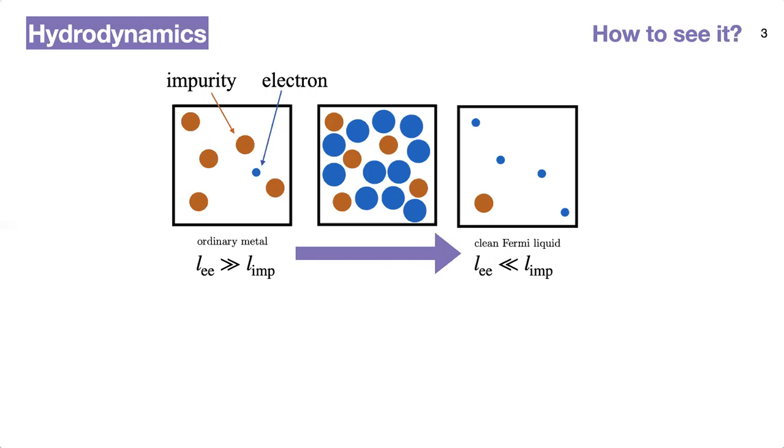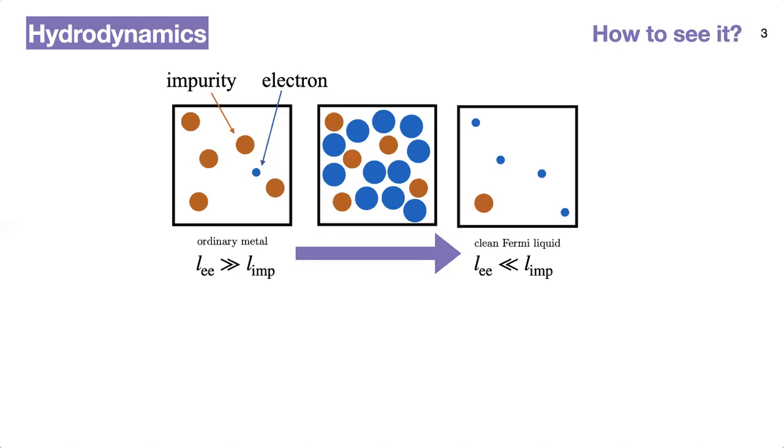So in order to get a hydrodynamic equation, to get a conserved quantity, we need to make the metal clean enough such that the impurity scattering length is much larger than the electron scattering length. On the right-hand side, we show you the rough picture about that.